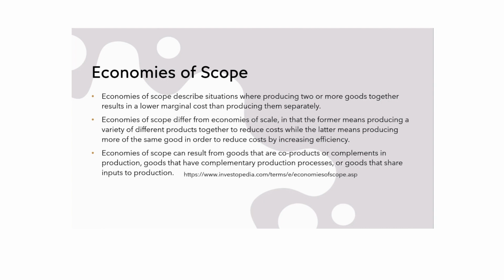Economies of scope can result from goods that are, number one, co-products or complements. Okay. So that's one, complements or co-products. Number two, complementary production processes. Complementary, sabihin, fitted together yung production processes. And then number three, goods that share inputs to production.